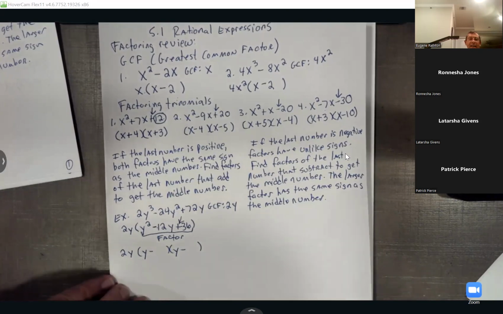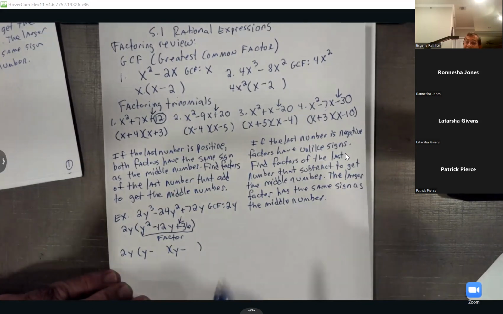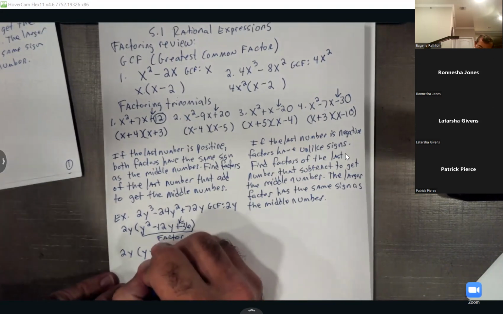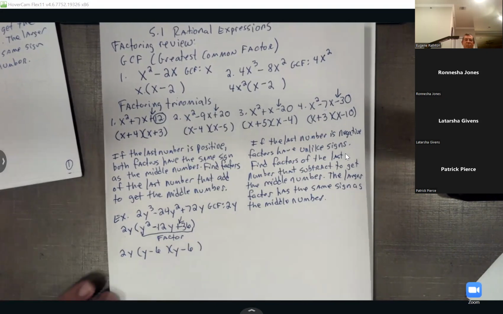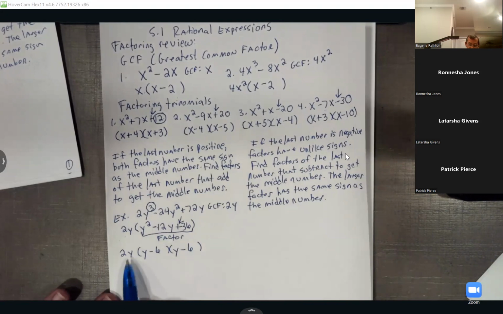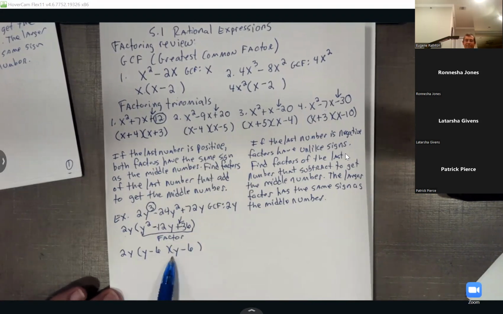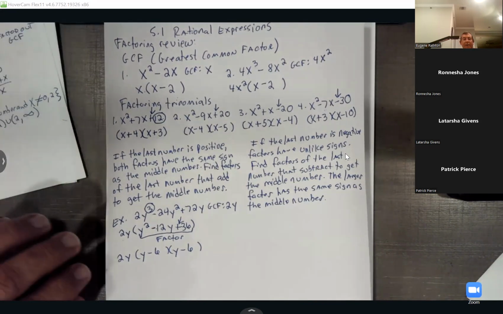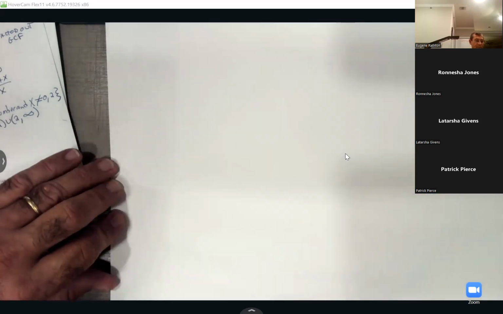So now the only thing I need is what factors of 36 will add to get me a 12. 6. Okay, so that'd be what, a y minus 6 times a y minus 6. So when you got a y to the third sitting up here, when you're done, you better have that y down here 3 times, okay? All right, y'all, so that's my little factoring review I wanted to do with you. So that's about to help us in this section.